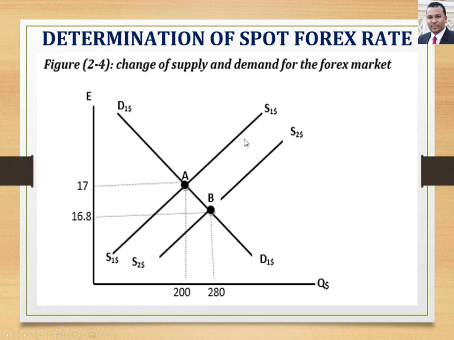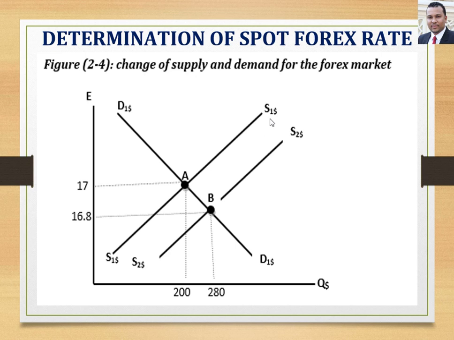In this case, the supply curve shifted to the right from S1 to S2. This means an increase in the international revenue side in balance of payment.